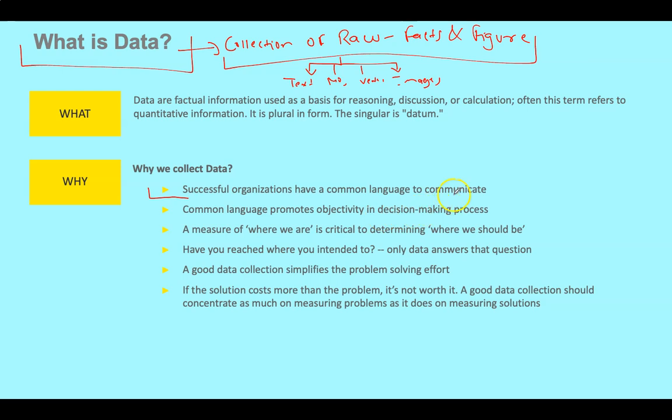If we have data, we make decisions based on different studies and analyses to determine what we are doing and what we have to do, or whether we have reached our intended goal or not. A good data collection simplifies the problem solving effort. If the solution costs more than the problem, it is not worth it. So a good data collection should concentrate as much on measuring the problem as it does on measuring solutions. So this is what we call data.